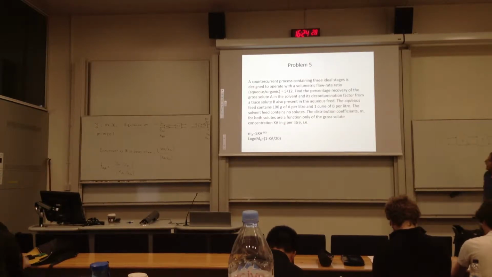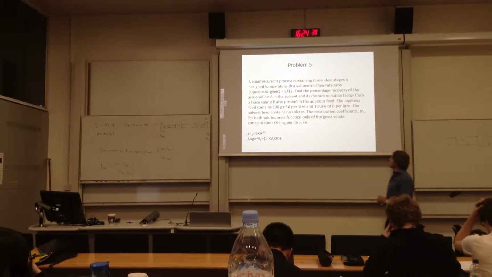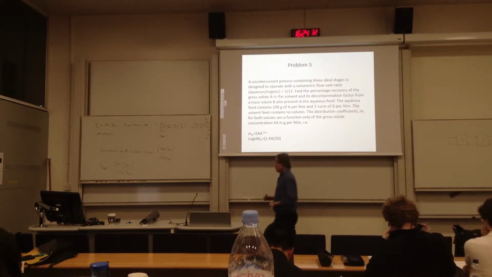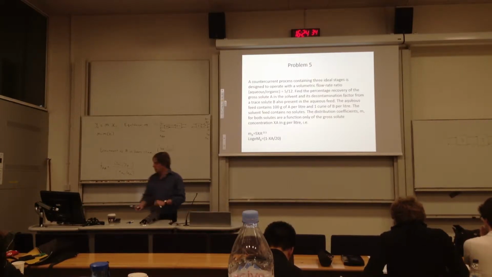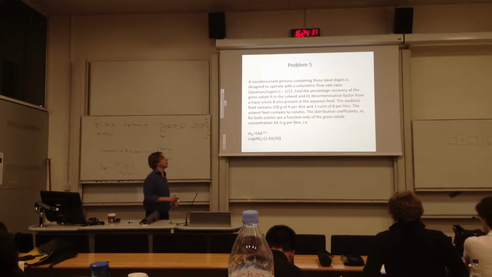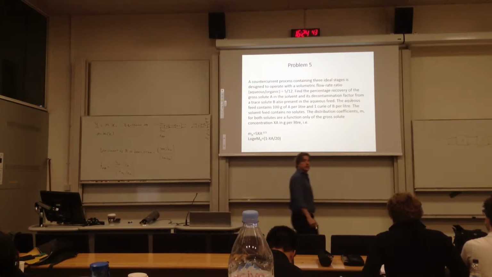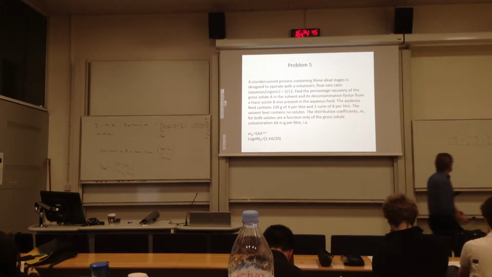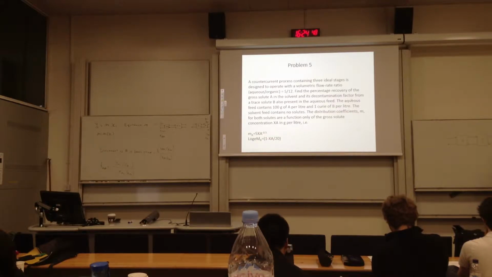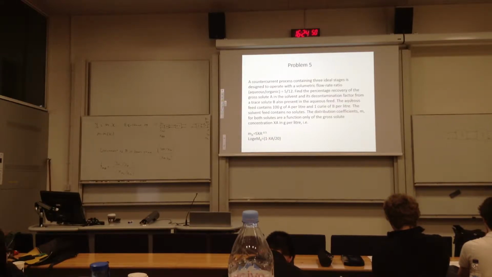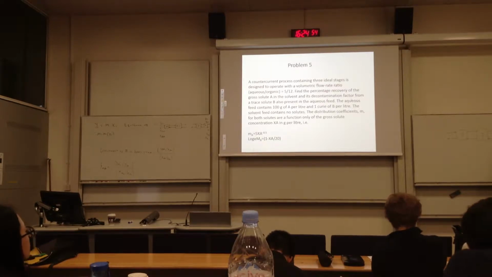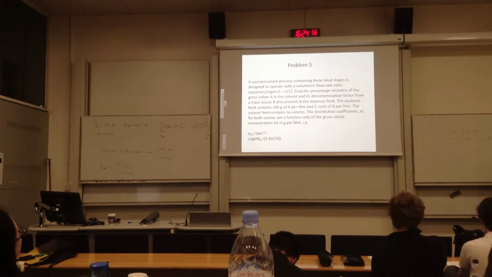It says it is designed to operate with a volumetric flow rate ratio aqueous to organic of 5 to 12. What is that in our nomenclature? H over L, so that is 5 over 12.